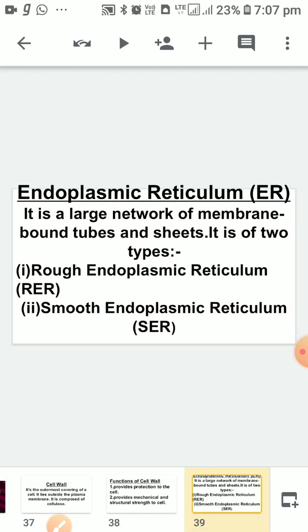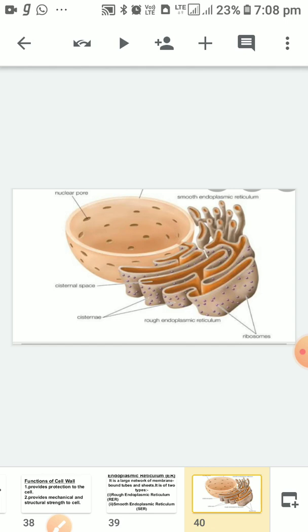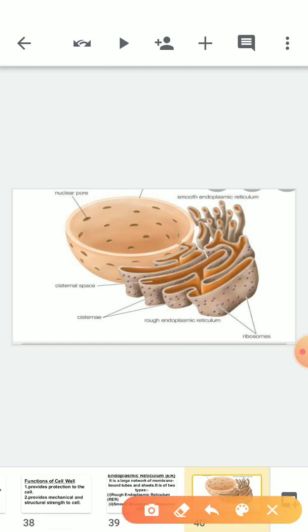Now children, next organelle is endoplasmic reticulum. It's a large network of membrane bound tubes and sheets. It is of two types: rough endoplasmic reticulum, that is RER, and smooth endoplasmic reticulum, that is SER. Here you can see the picture of endoplasmic reticulum.